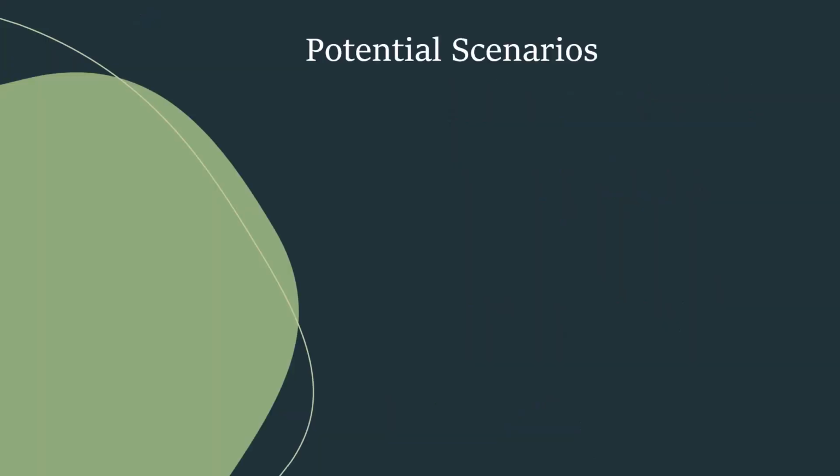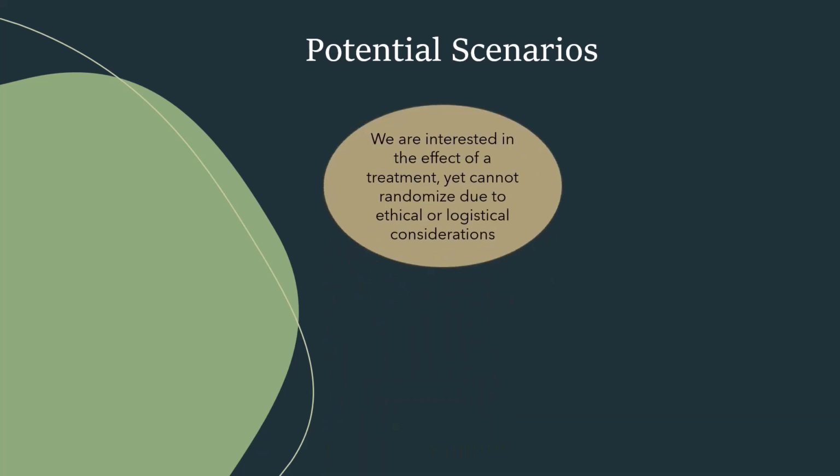Let's consider some potential scenarios in which we would not randomize to conditions. Perhaps we're still interested in the effect of a treatment, yet we cannot randomize due to ethical or logistical considerations. Consider a medical study in which a rather aggressive treatment is going to be studied.